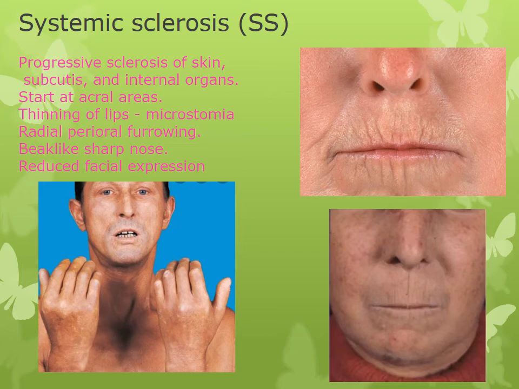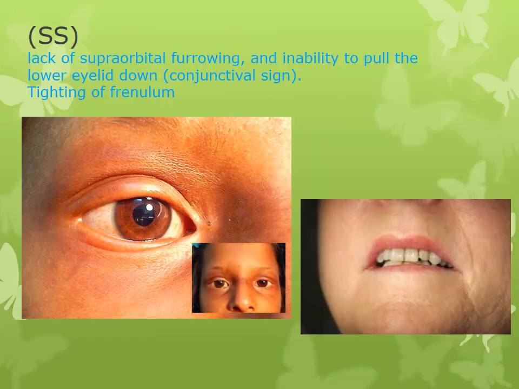The patient will have difficulty opening the mouth or opening the eyes. In the face also, there is lack of supraorbital furrowing and inability to pull the eyelid down, which is called the conjunctival sign. The patient will have difficulty opening the mouth, and if you ask the patient to raise the tongue, he will not be able to do so due to tightening of the frenulum.